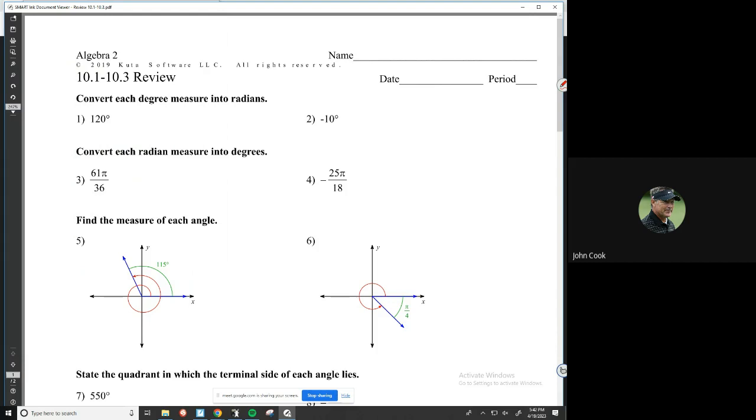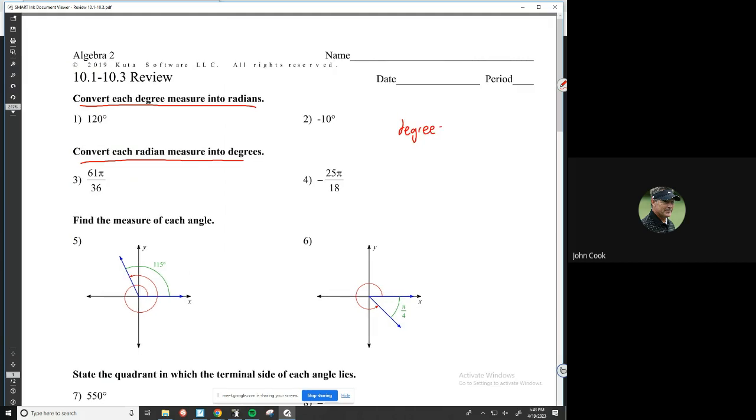Whenever you have to convert from degrees to radians or radians to degrees, the same thing is going to be true. If you know some angle measurement in degrees, you can find an equivalent angle in terms of radians in the following way. Let's call the radians y.